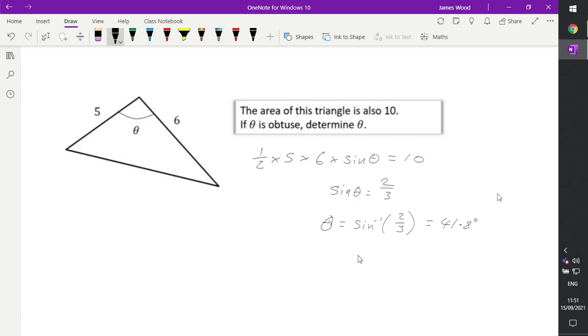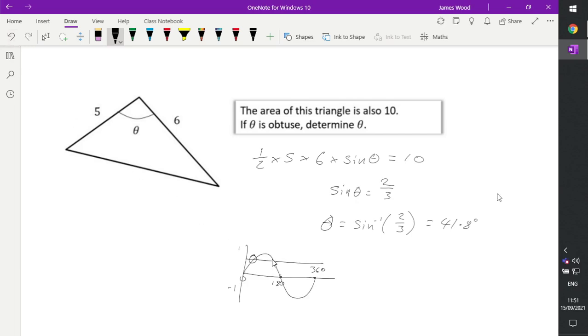But it tells me that it's obtuse. So think back to the graph. It says 1, minus 1, 180, 360, 0. I'm looking for 2/3, so I guess that's about here. You can see there's my two solutions.